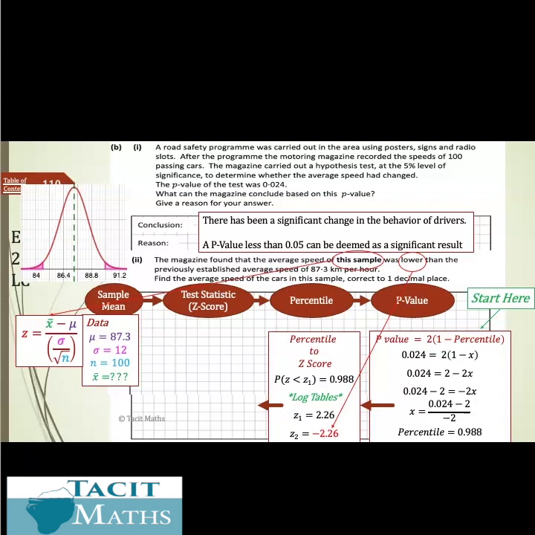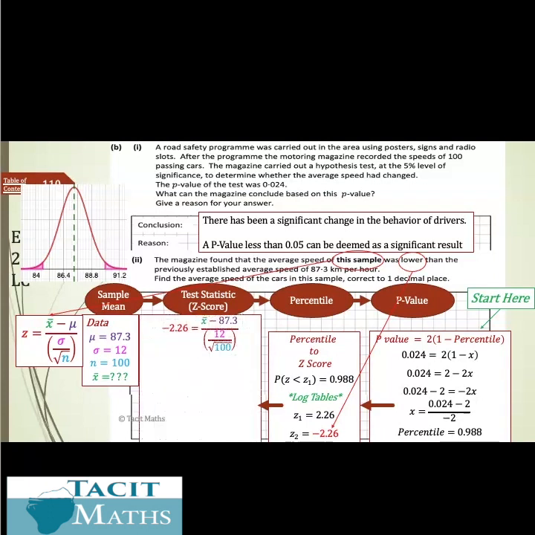So we can now sub all of those values into our test statistic formula, and we want to know what value for x gives us a z-score of minus 2.26. That looks like a complicated enough equation, but it's not that bad really. We just do a bit of cross multiplication, add 87.3 to both sides, and we get an answer of 84.6. And if we look at our diagram, clearly we can see that 84.6 does look kind of right. So that's our solution to that.